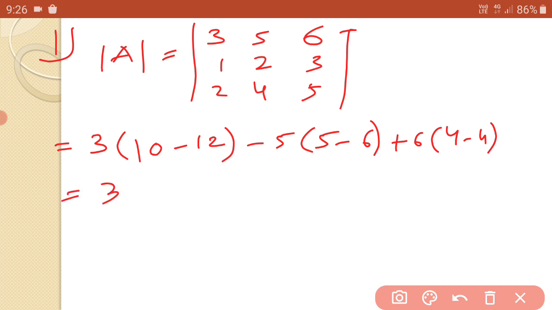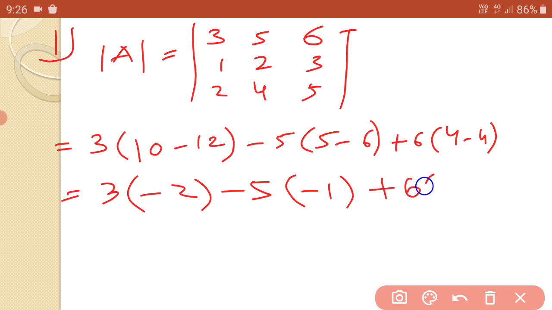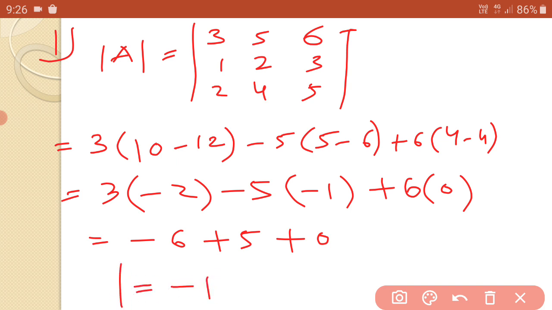Then after 3 into bracket, minus 2, minus 1 and 0. Very next step is minus 6 plus 5 plus 0. And very next step is minus 1. Minus 6 plus 5, so the answer is minus 1.